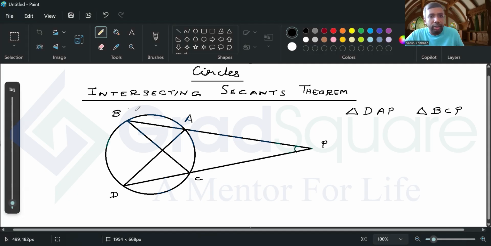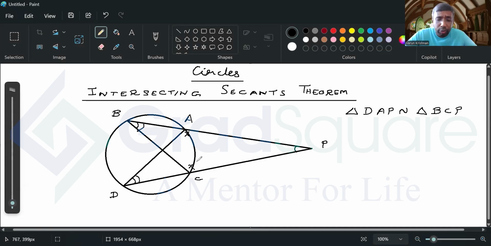Also, both angles PBC and PDA are angles subtended by the same chord AC in the major arc of the circle. So according to the first angle-based theorem, this angle is also equal, which makes two angles equal in these two triangles, which means that triangle DAP and triangle BCP must be similar to each other, because if two angles are equal, of course, the third angle, angle DAP, will be equal to angle BCP.